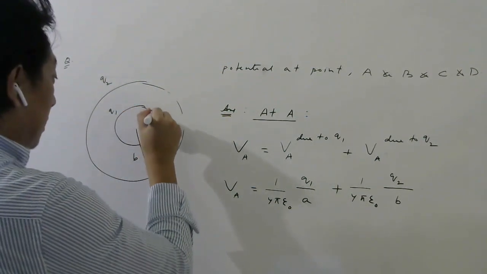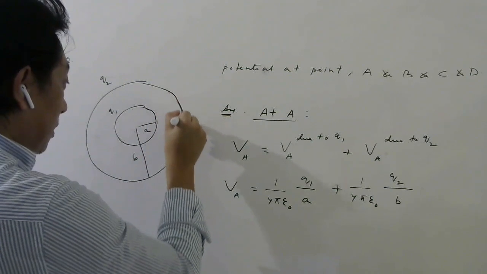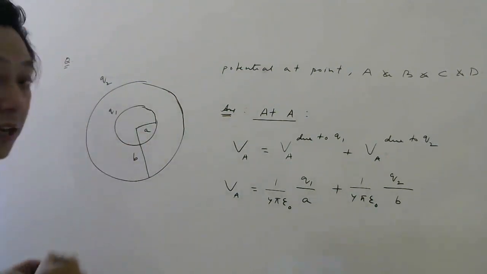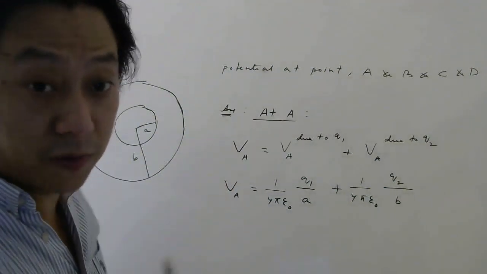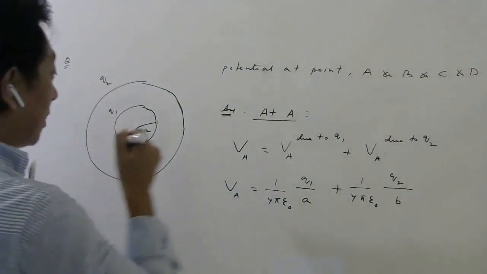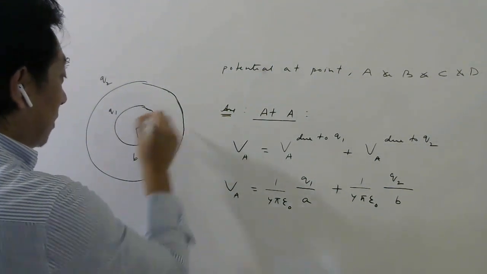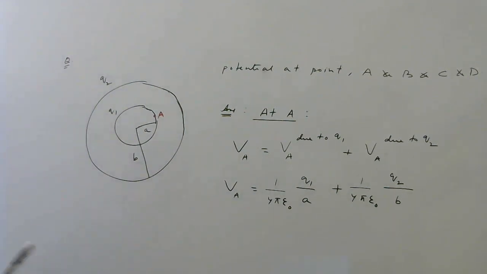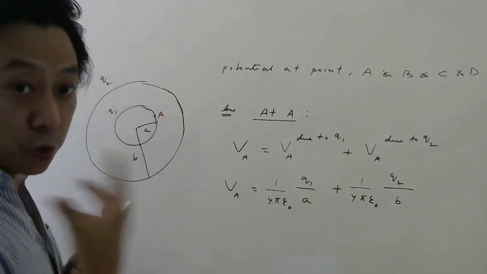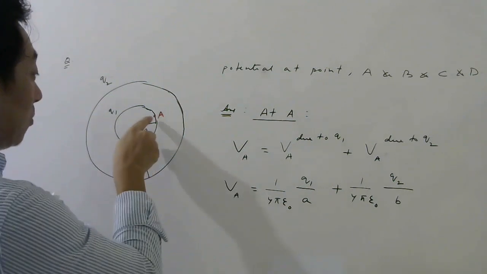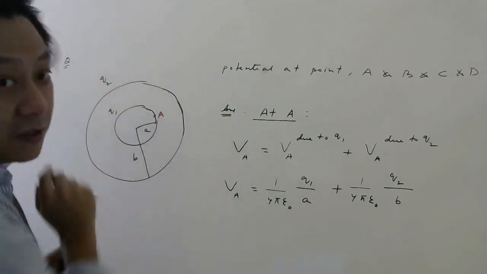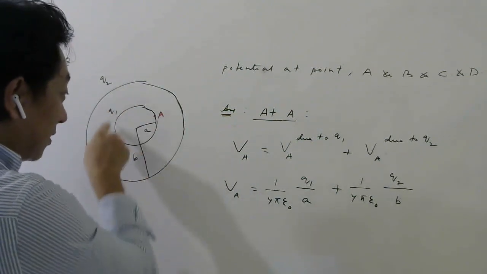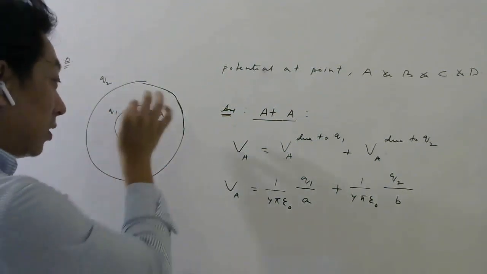So basically these are my two charged shells, and whenever you want potential you have to mention the observation point. The first point where I want potential is here. Potential here, due to the superposition principle, will be potential due to this charge plus potential due to this charge. For this charge, this point is on the surface.